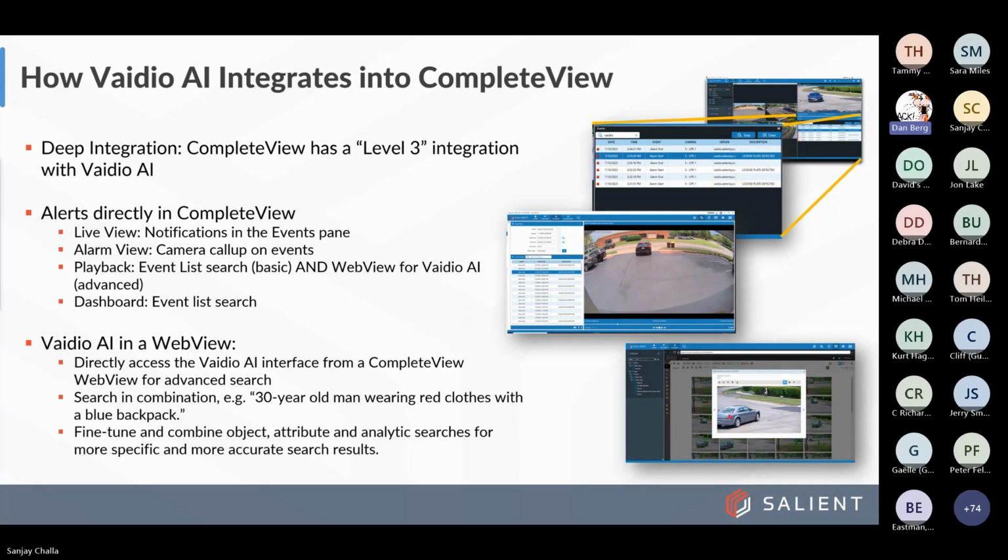It's a web-based interface, but we can show that right inside the Complete View desktop client. And that allows you, in live mode, to have a dashboard of Vaidio events coming in. Also in playback, it allows you to do a much deeper dive into search and finding that particular thing you're looking for, beyond what the search capabilities of Complete View offer you.